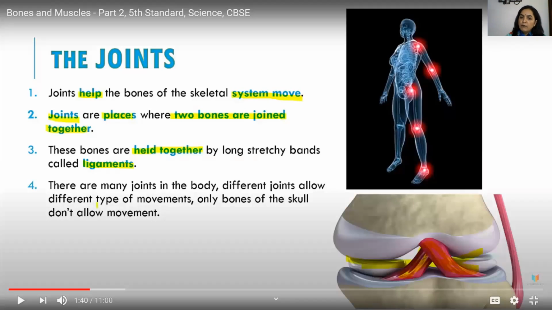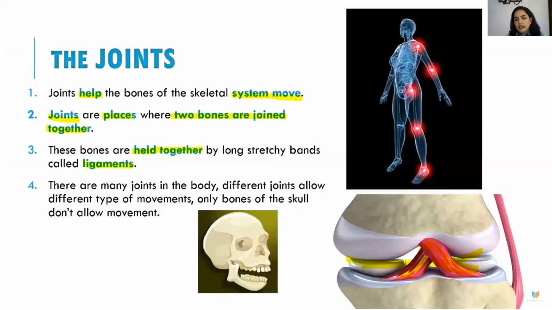So they are immovable except the bone of the lower jaw, by which we can speak, smile and talk. So except those, all the bones are movable to some extent. It's not that all the time they keep on moving. In the skull, only the lower jaw is movable, which I have also shown you in the specimen of this jaw. So that is movable.